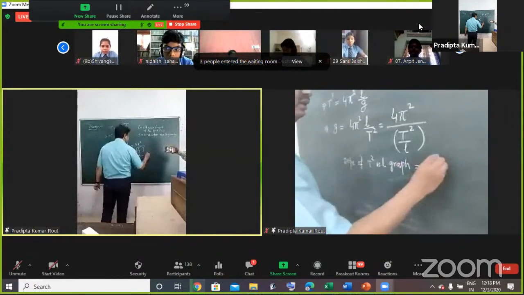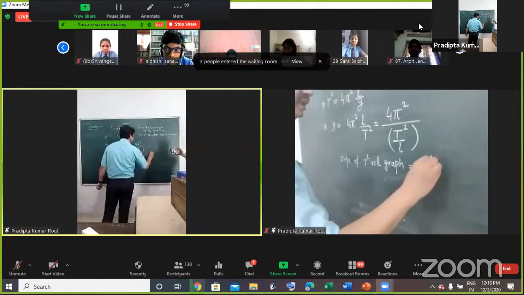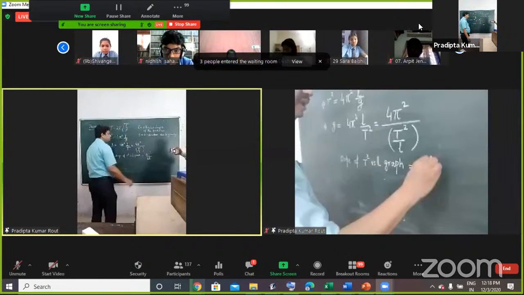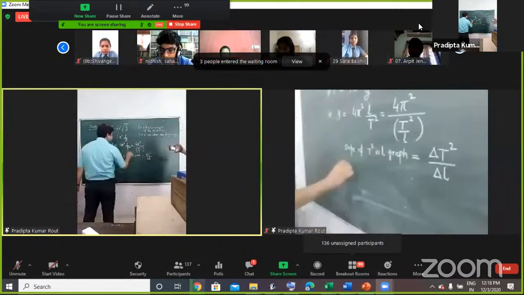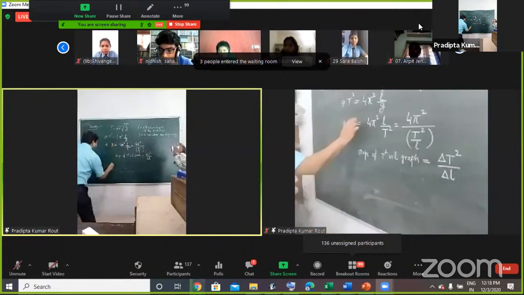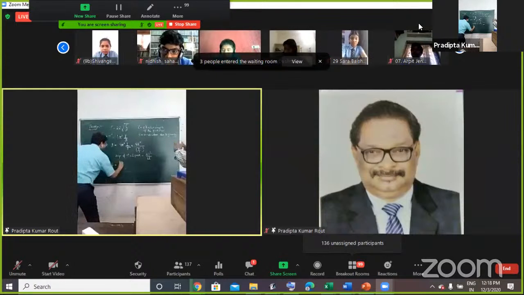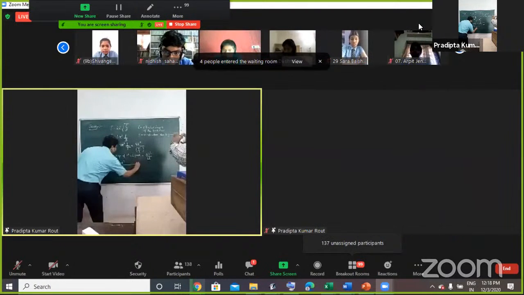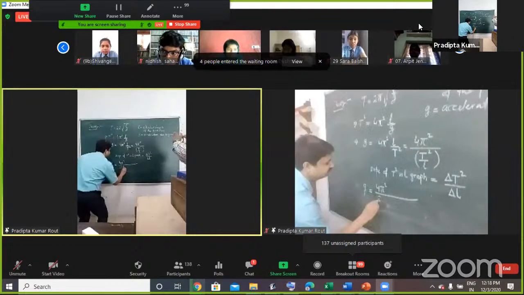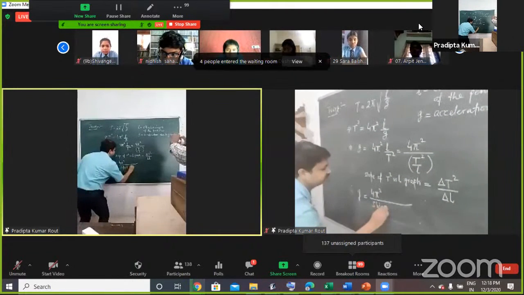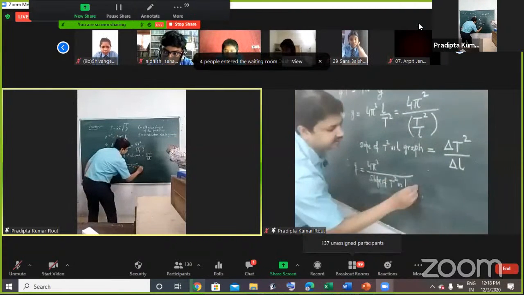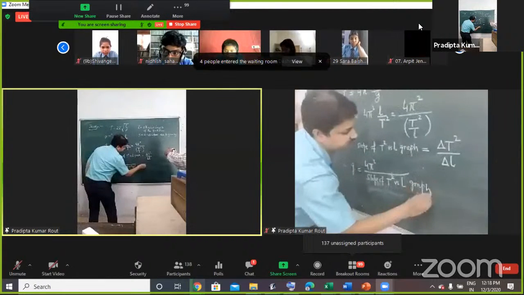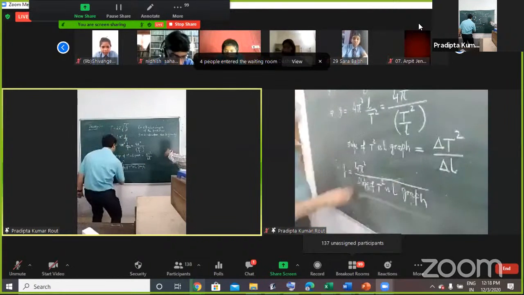Generally we write it as delta T square by delta L, which is nothing other than this T square by L only. So if we can find out this quantity, then we will substitute. So the value of G will be 4 pi square divided by the slope of the T square versus L graph.